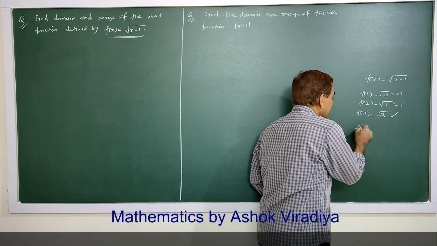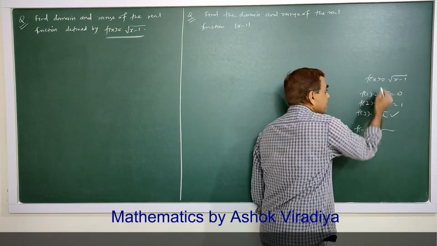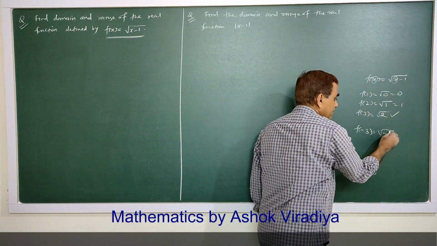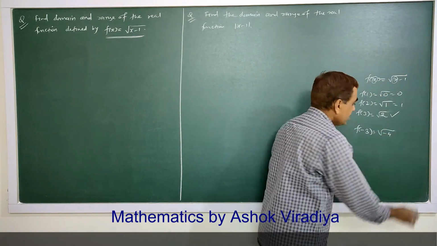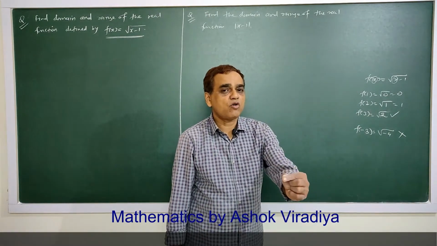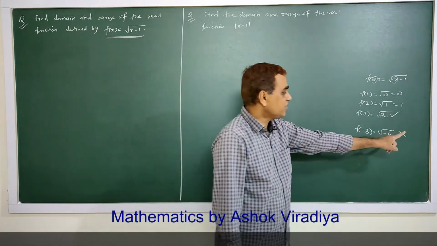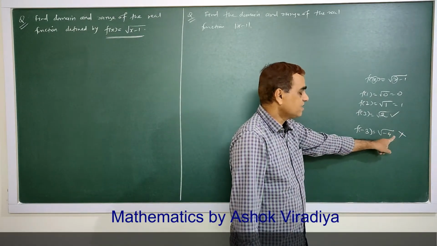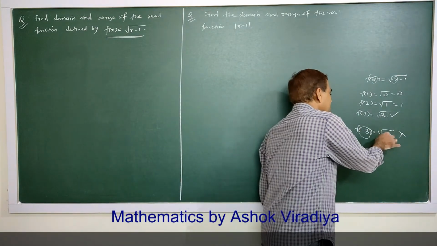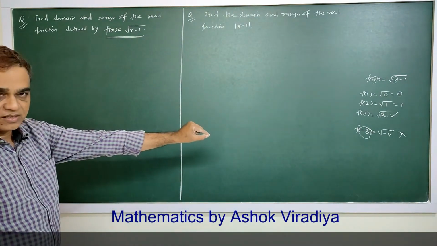Here if you keep minus 3, then minus 3 minus 1 is minus 4. This is not defined. Square root of a negative number is not defined. Here the machine is not giving anything. Putting x equal to minus 3, there is a problem. So we are not allowed to put minus 3.